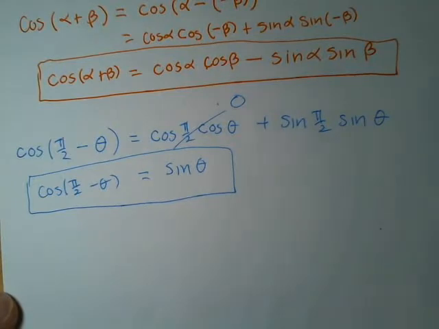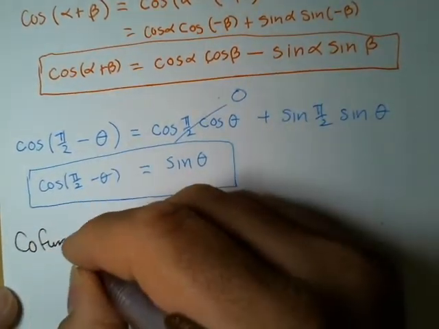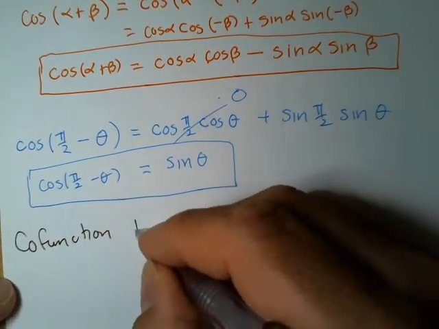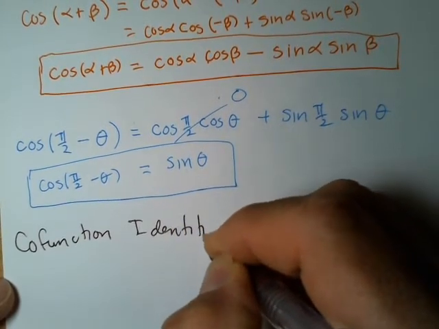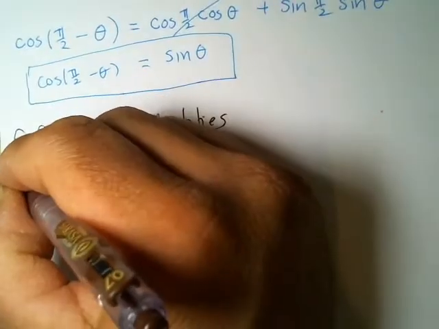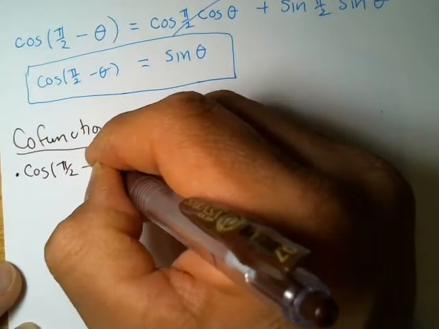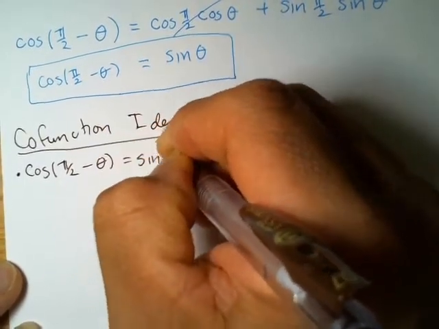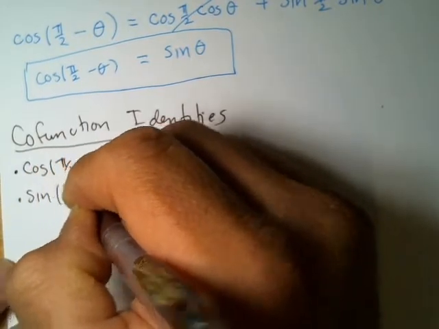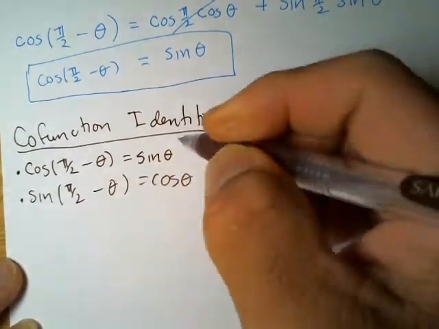Let's write it down here. So, all right, cofunction identities. I only go through the proof of the cosine, but each one of our 6 circular functions has a cofunction. The first one we've proven: cosine of pi over 2 minus theta is equal to sine of theta. Sine of pi over 2 minus theta is equal to cosine theta.